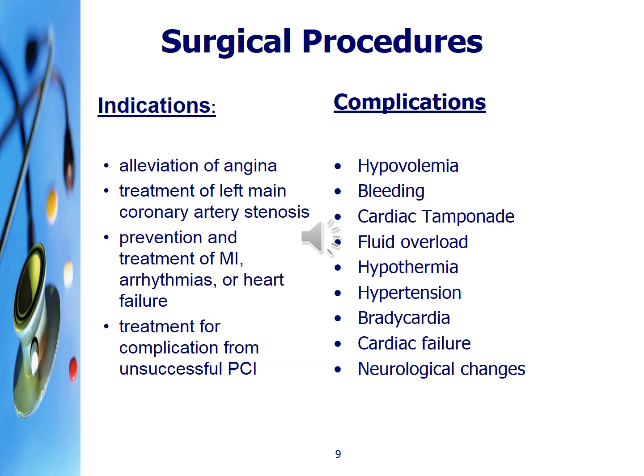So anytime that you are working on the heart, the patient can develop complications from that. So it's going to throw off the rhythm, and it can also stop the heart from functioning properly. And then the patient also can develop neurological changes because when you're working on the heart, you're going to decrease the amount of blood flow to the brain as well, even if it's temporarily. And so the patient can develop neurological symptoms.